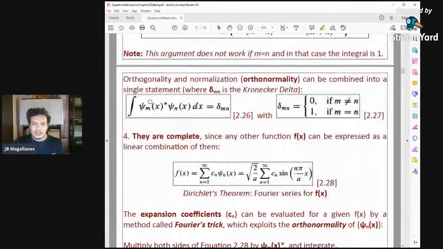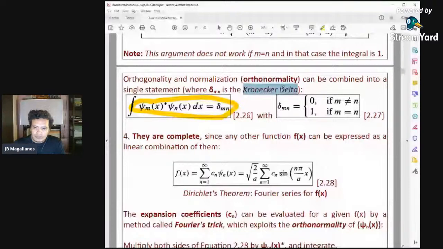So that's why you can write the integral of phi m of x star phi n of x dx as equal to the Kronecker delta, where the Kronecker delta is equal to 0 if m is not equal to n, and 1 if m is equal to n.